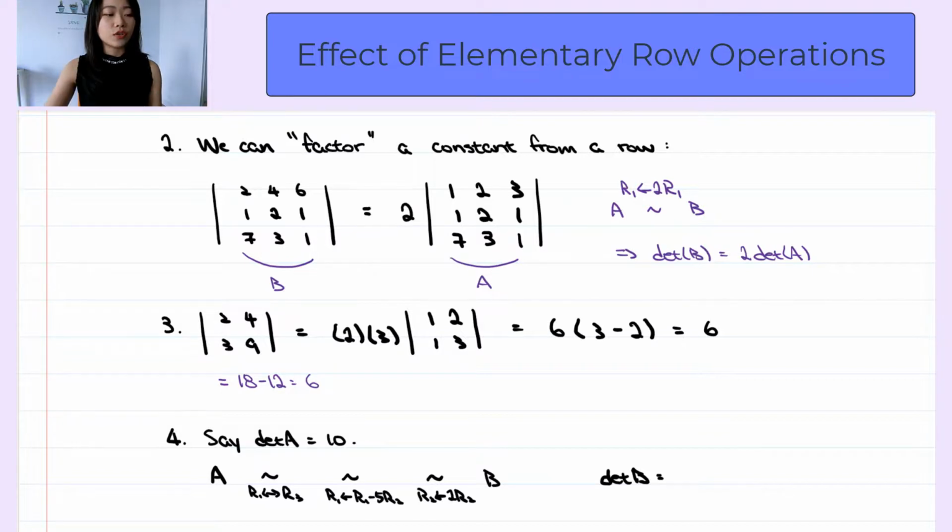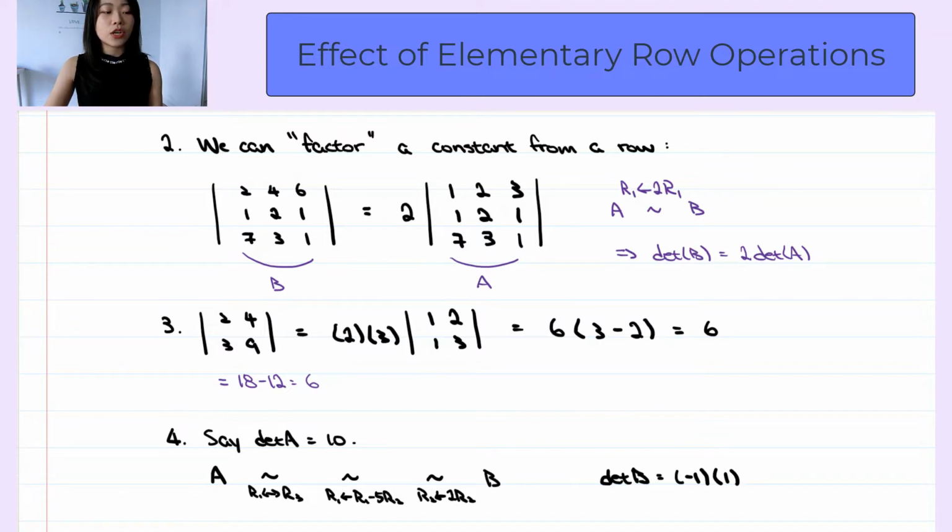So when we interchange 2 rows, the determinant of the new matrix would be the negative of the original matrix. So negative 1. Then the second elementary row operation we perform is we add a scalar multiple of row 2 to row 1. And when we perform this type of elementary row operation, the determinant of the new matrix remains the same as the determinant of the original matrix. So we have a positive 1.